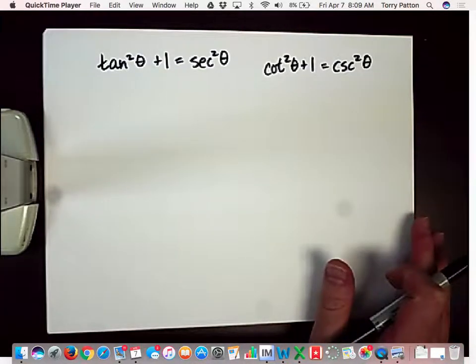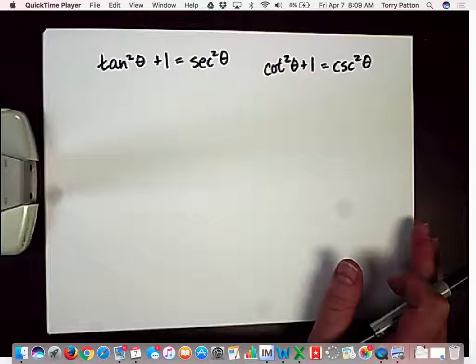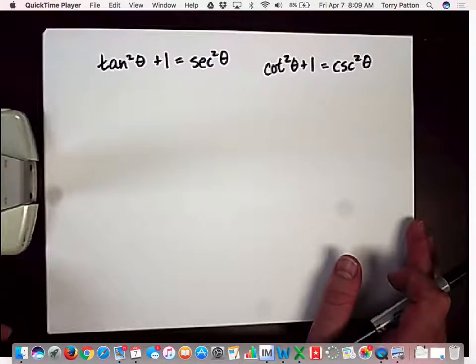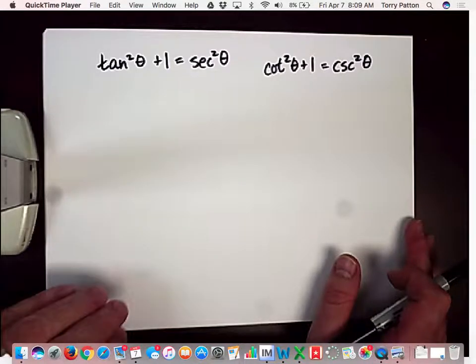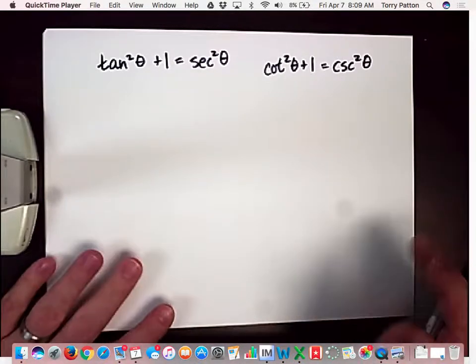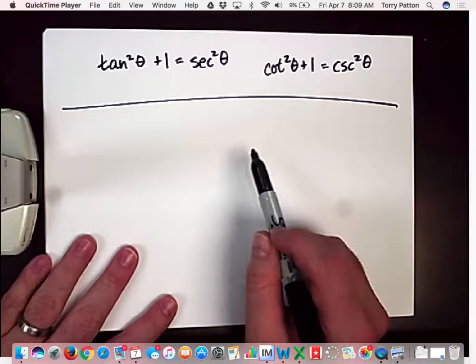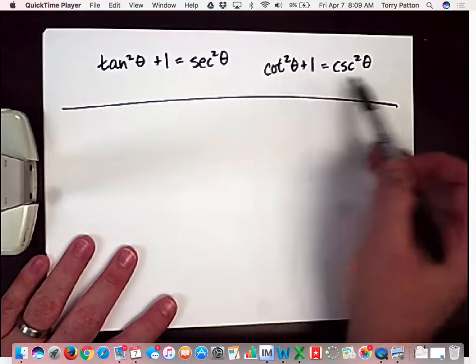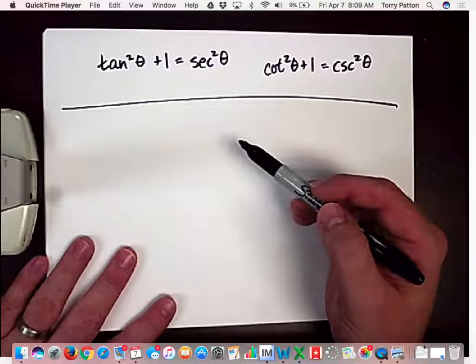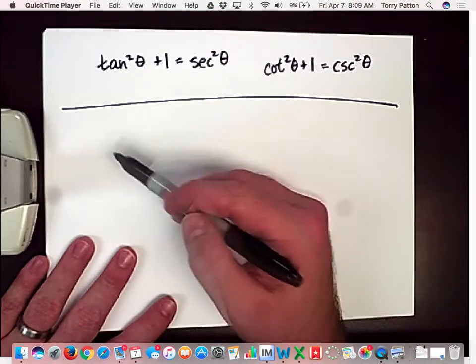And so I'm going to prove these two identities, and that's going to be part of our exercise. So let's prove. I'll prove this one, and then the proof of this one is actually in your book, and it's very similar, but I'll prove this one, okay?